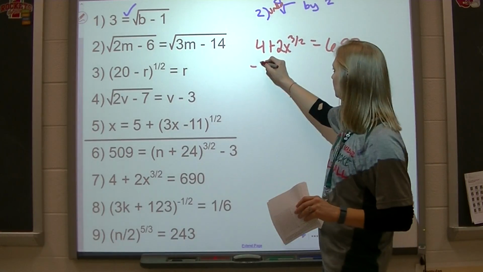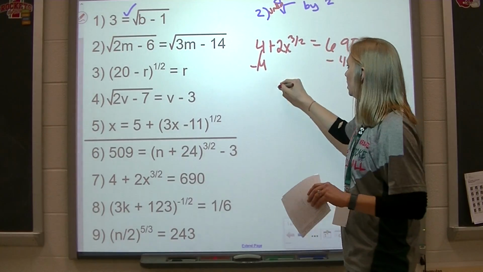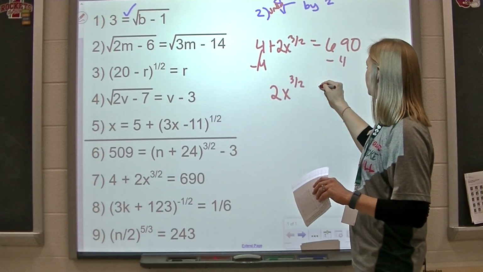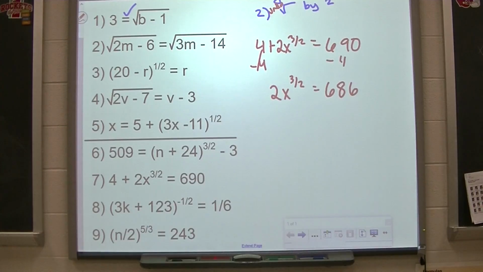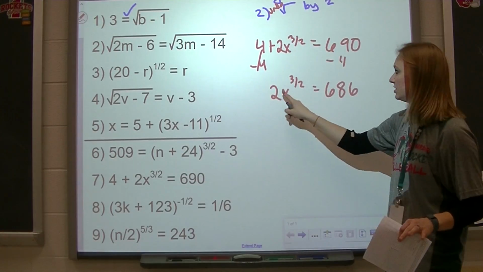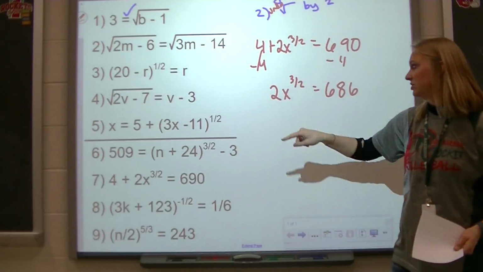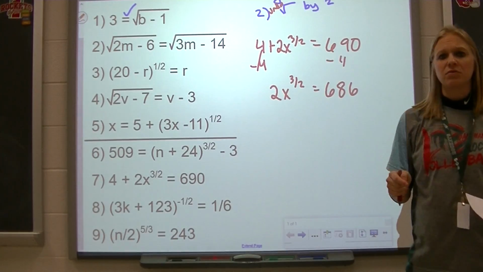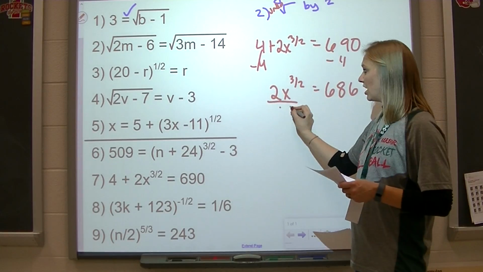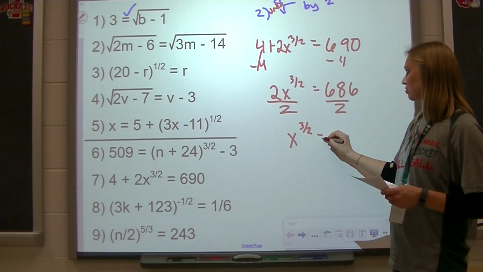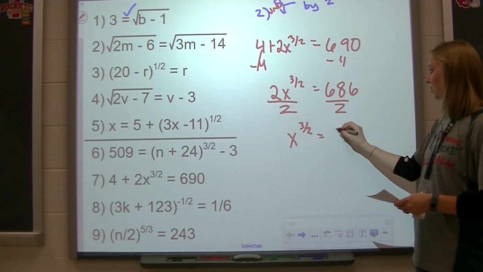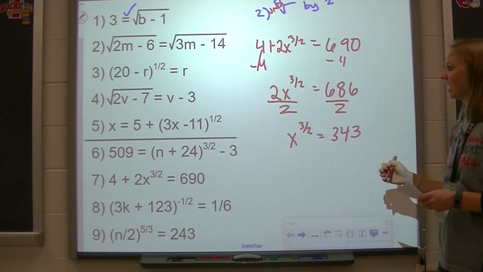So with this, I will subtract 4, and we'll get 2x to the 3 halves equals 686. But then, don't get confused, this 2 is not connected to that x. The 2 is not raised to the power of 3 halves, just x's. So I need to divide by 2. And we would have x to the 3 halves power equals 343.